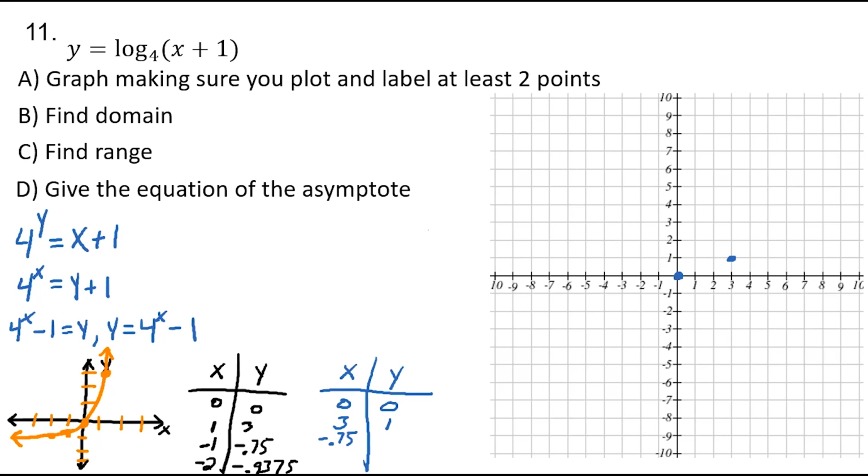0.75, negative 1. Let me get a sharper pen. It goes here, negative 0.75, negative 1. And that's roughly here.